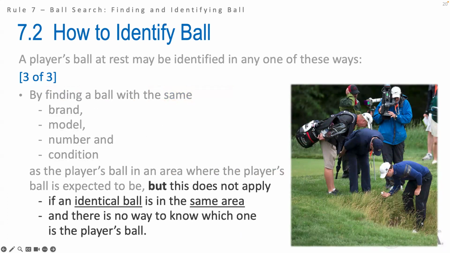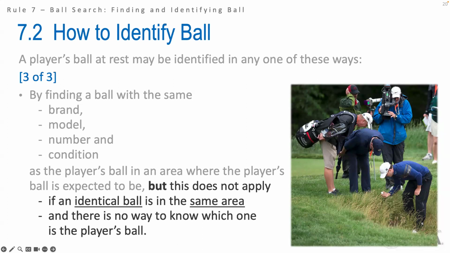But this does not apply if an identical ball is in the same area and there's no way to know which one is the player's ball. So if there's no way to know, then the ball has not been identified as the player's. An example would be if you don't mark your golf ball, but maybe you had scuffed it on the previous hole off of the cart path and you hit it into some tall grass.